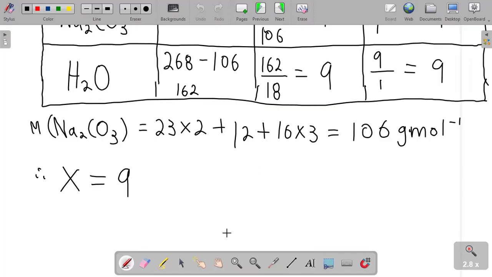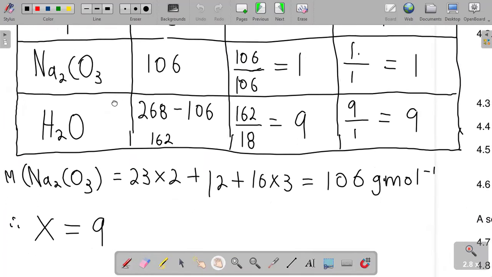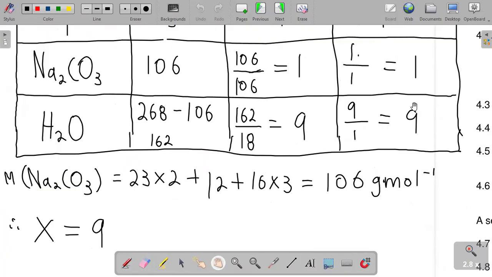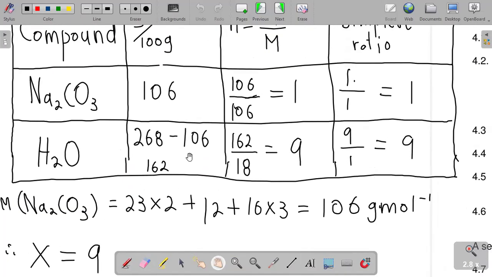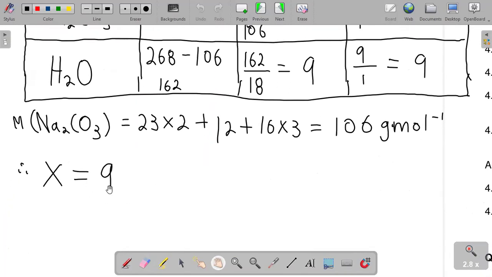The number that we're looking for is the simplest ratio for H2O, which represents X, or sometimes N, the number of moles of water of crystallization. So we're going to leave it here.